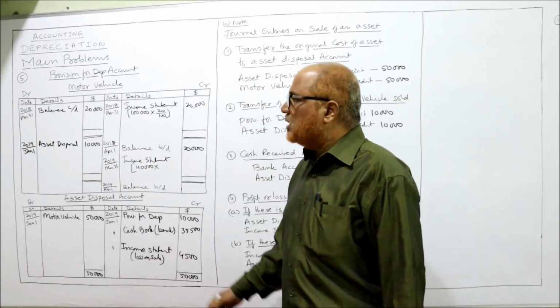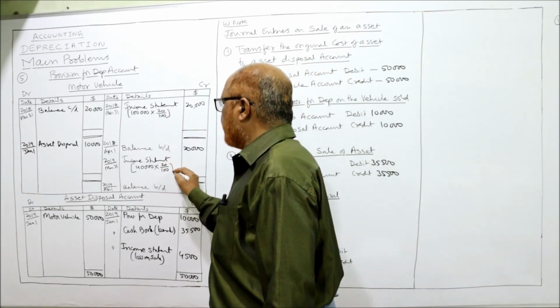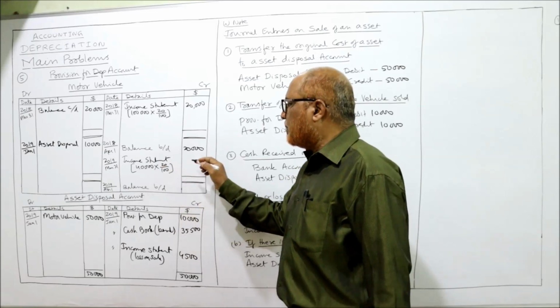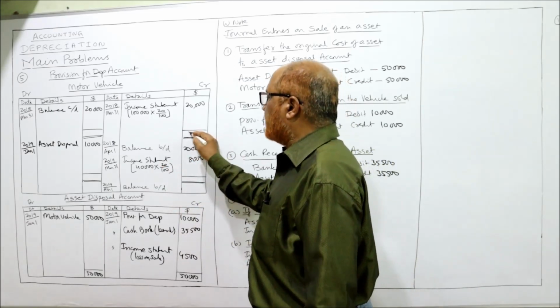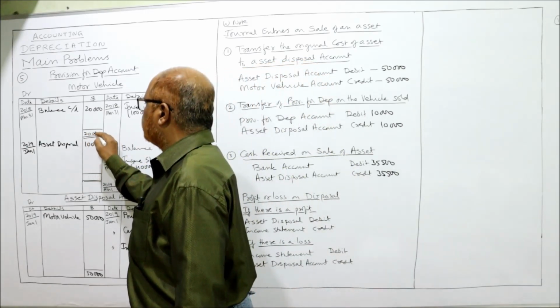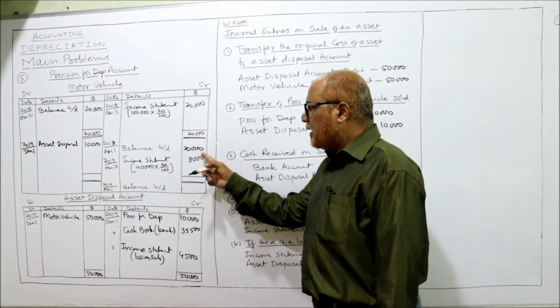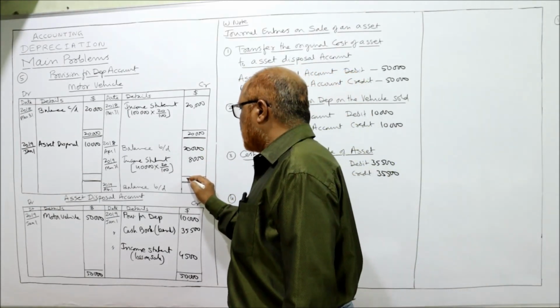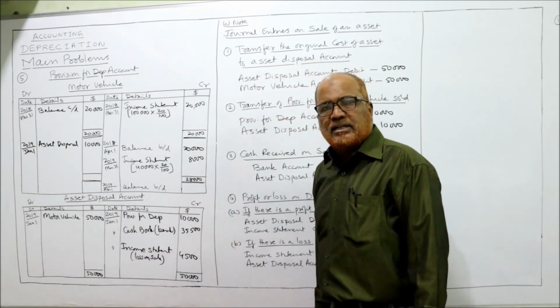On this 40,000, the rate of depreciation is 20%. So 40,000 into 20 by 100, 8,000. So 8,000 is the depreciation for the second year on one vehicle. So 20 plus 8, 28,000.